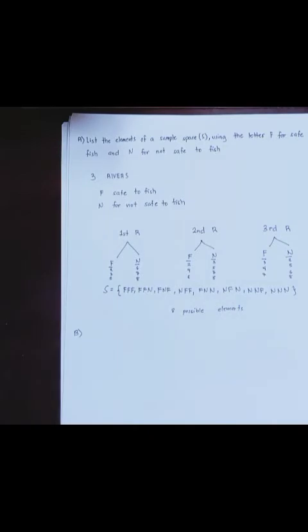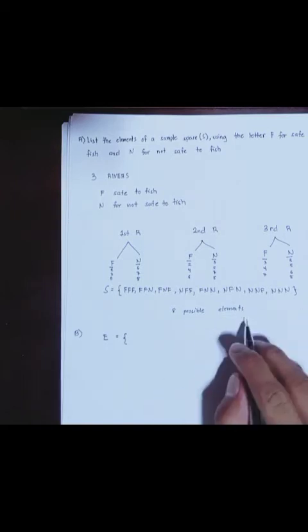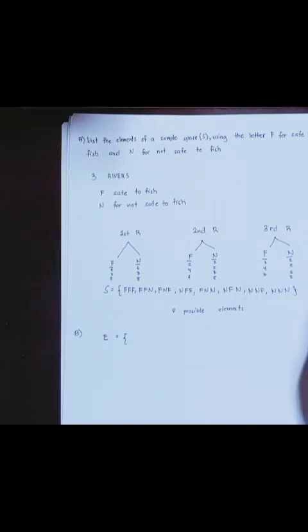For the second subpart, we are asked to list the elements of S corresponding to the event that at least 2 of the rivers are safe for fishing. So we are just going to look at the 8 possible elements in the sample space and look for 2 possible safe to fish.